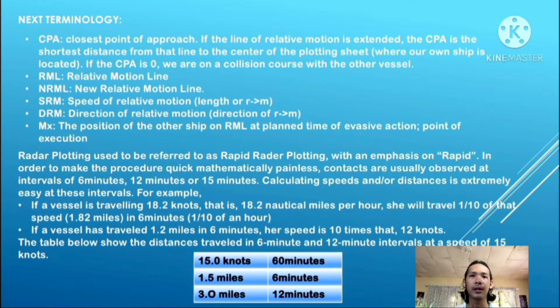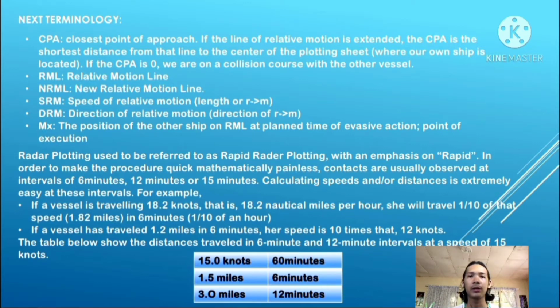The SRM is the length of the RM, the distance between R and M. DRM stands for direction of relative motion, which is the direction or heading of R to M. Lastly, MX is the position of the other vessel on the RML at the planned time of evasive action, the point of execution.